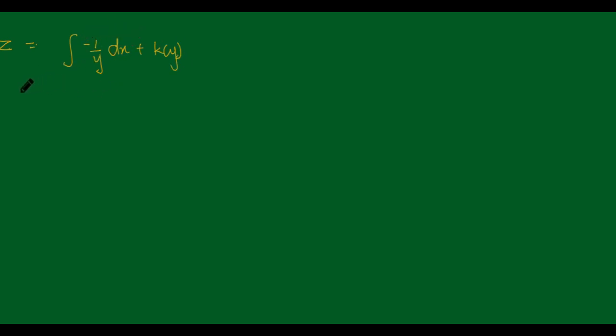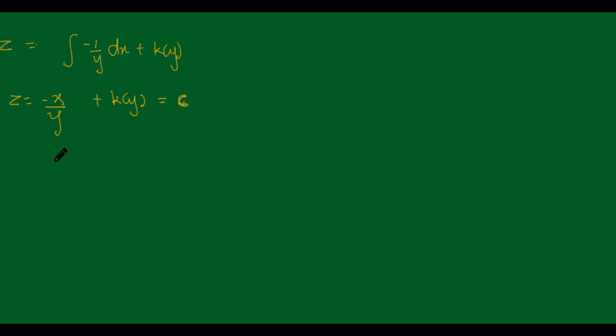So let's evaluate this. So z now becomes minus x divided by y plus k(y), and this is equal to a constant. Let's call it c.